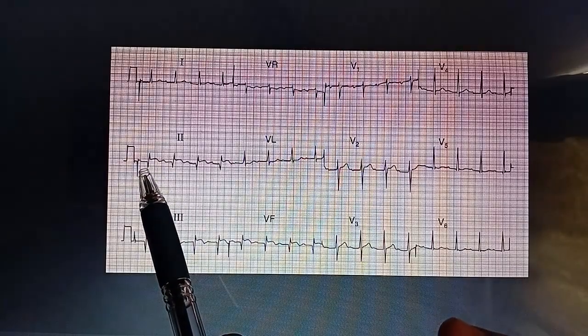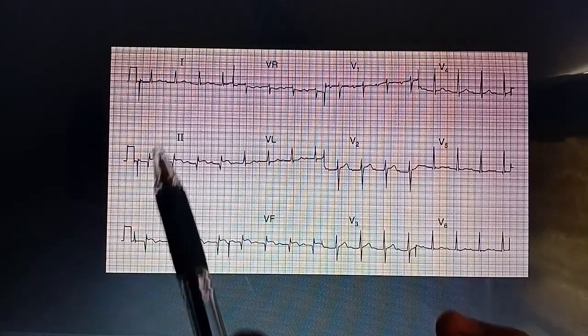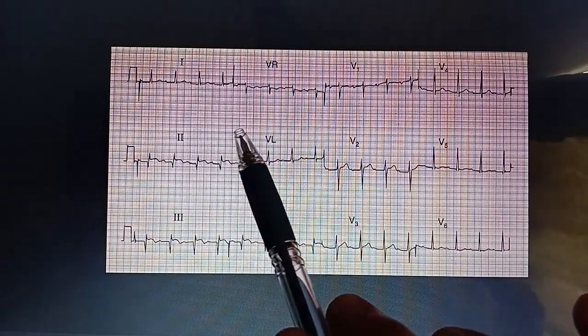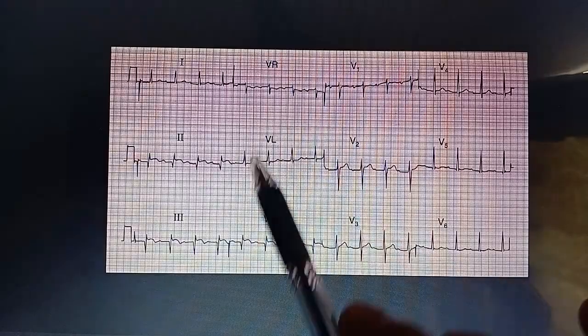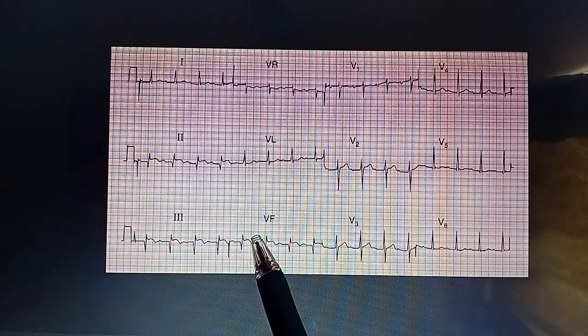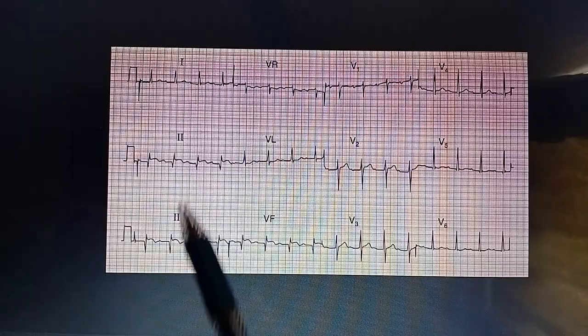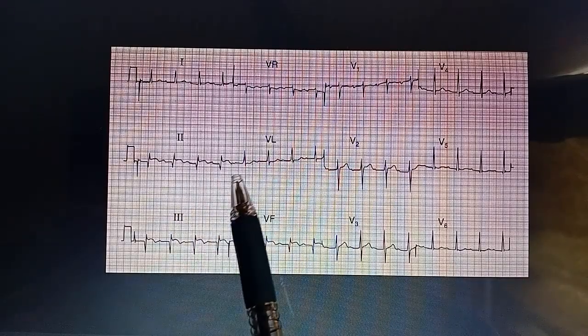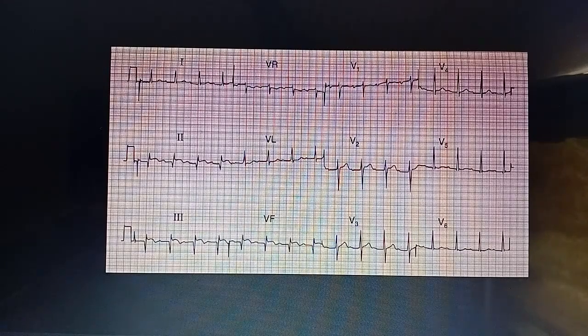There is no ST elevation in lead 1, AVR, or AVL. In the case of AVF, this is the isoelectric line, and this is the ST segment elevation. So this is the classical case of inferior wall MI, where we see ST elevation in leads 2, 3, and AVF.